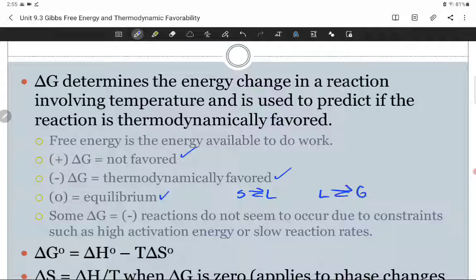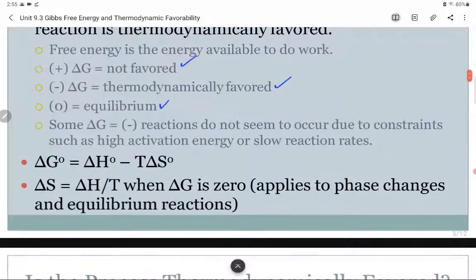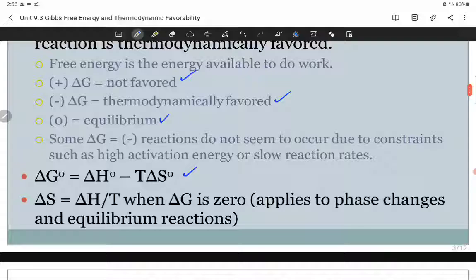So the delta G in those cases is zero, and we have to make sure we're cognizant of remembering that. We've already been introduced to that before.